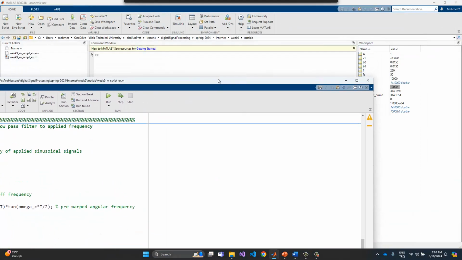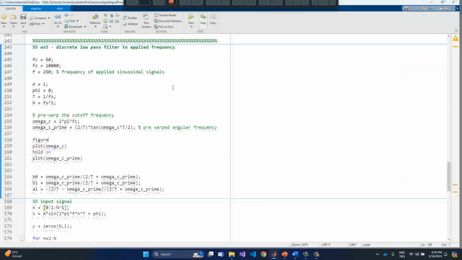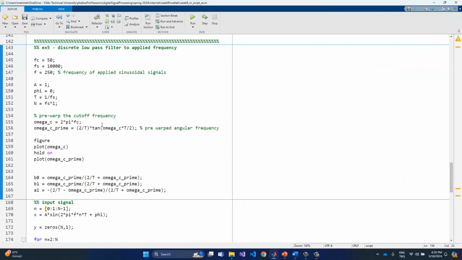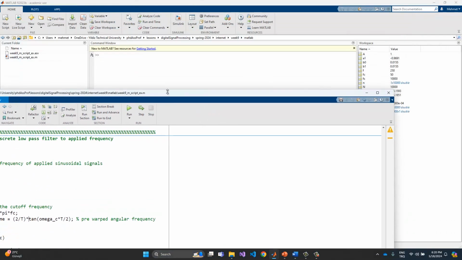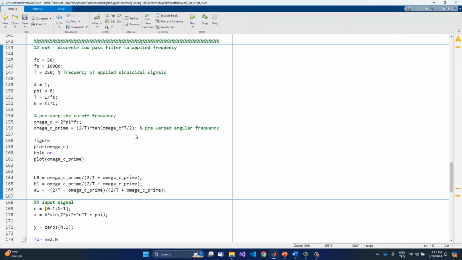But omega c prime, fc and fc, this is equal to each other, right? This is important, and so there's no change in this signal representation for our results.